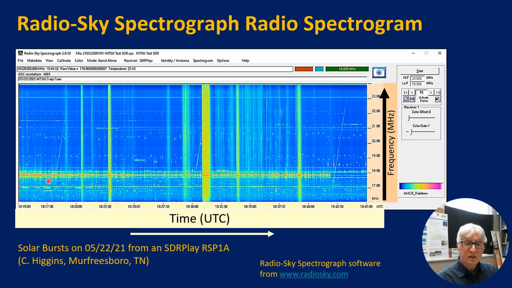The thin slanting signals you see here are radar signals that sweep through the frequency band, sounding out the ionosphere. The Radio Sky spectrogram software is used by Radio Jove from Radio Sky Publishing.